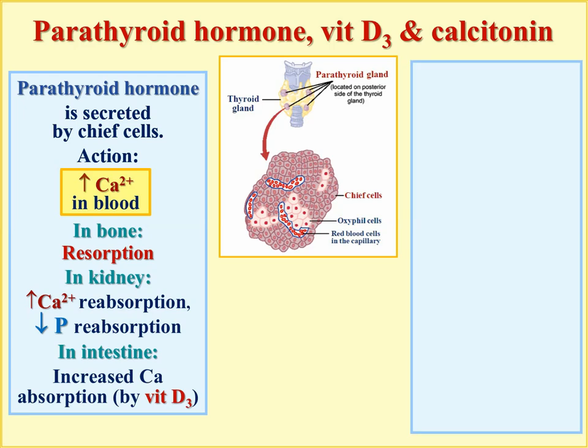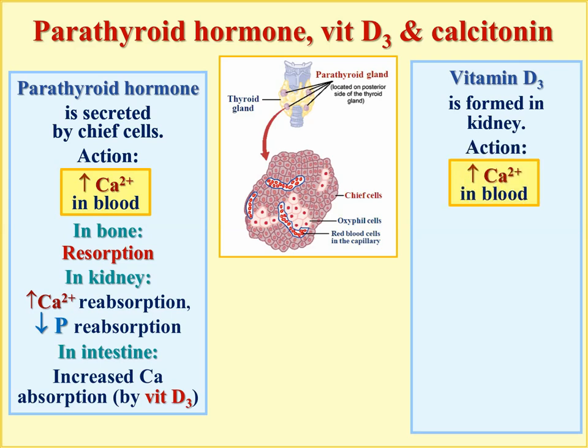Then let's observe effects of its synergist, vitamin D3, which is formed in kidney finally. We'll observe the full pathway of formation of this vitamin. Its action is the same, increase of calcium level in blood, and mostly it's achieved through stimulation of intestinal absorption.